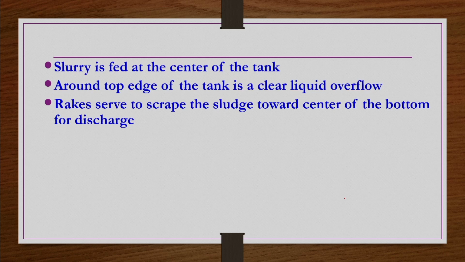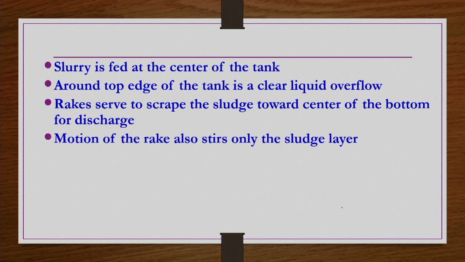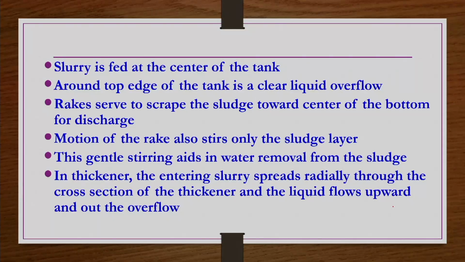Rakes serve to scrape the sludge towards the center of the bottom for discharge. The motion of the rake also stirs only the sludge layer. The rake rotating at the bottom does not disturb the C, B, A zones; it disturbs only the material present in the sludge zone, that is, the D zone. This gentle stir aids in water removal from the sludge, as I mentioned.